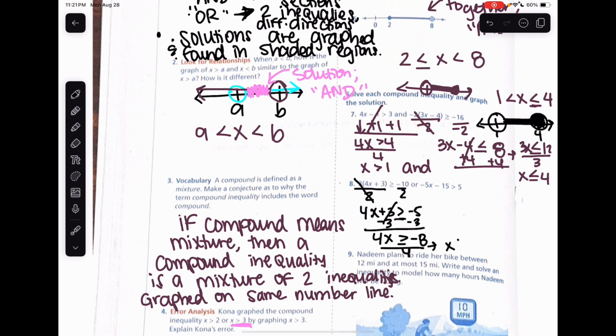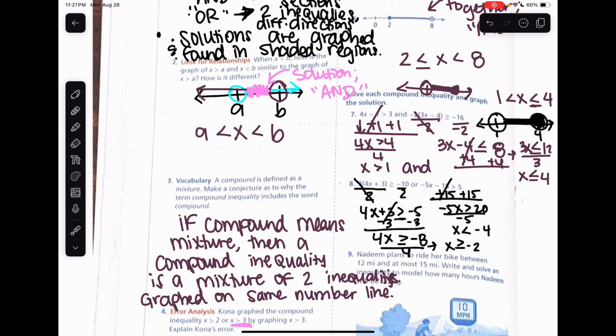So I get x is greater than or equal to negative 2. Moving on, I'll add 15 to both sides. Negative 5x is greater than 20 and divide by negative 5. I've divided by negative 5, I've got to flip my symbol. X is going to be less than negative 4.